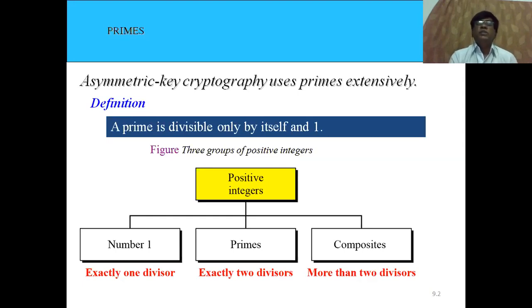So in asymmetric key cryptography algorithms, the entire message is converted into integers, numeric values. And for converting that plain text into ciphertext, we perform different operations on those numeric values, and finally we get the ciphertext, which is also in numeric form.